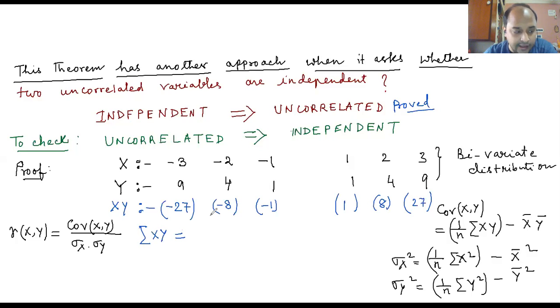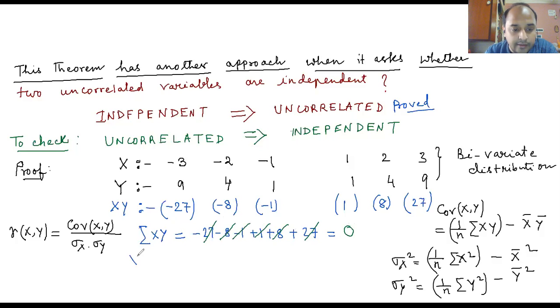We will get minus 27, minus 8, minus 1, plus 1, plus 8, plus 27. 27 cancels minus 27, 8 cancels minus 8, 1 cancels minus 1, and the result is 0.